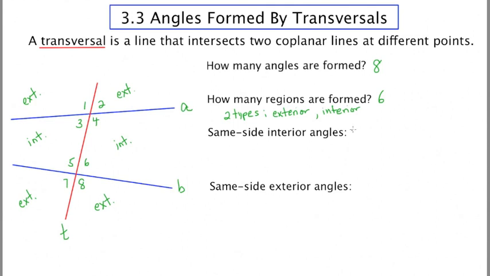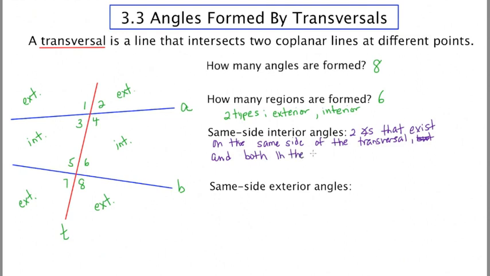These are two angles that exist on the same side of the transversal and both in the interior region.